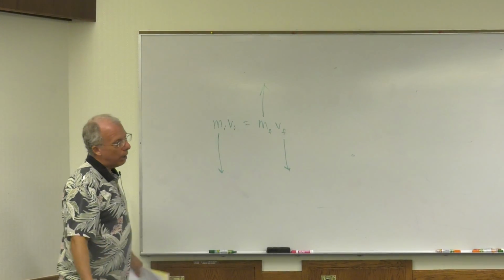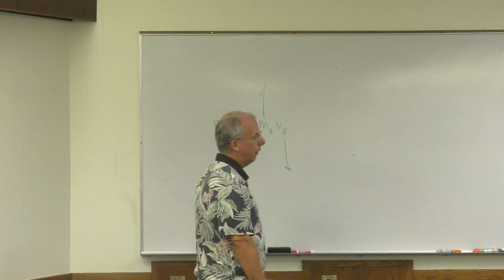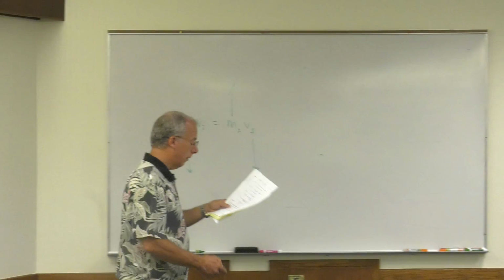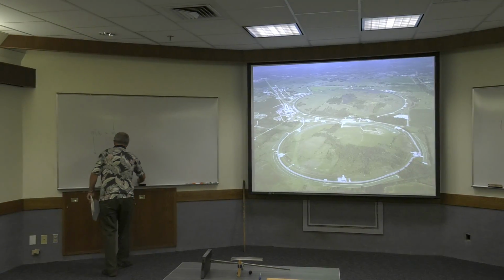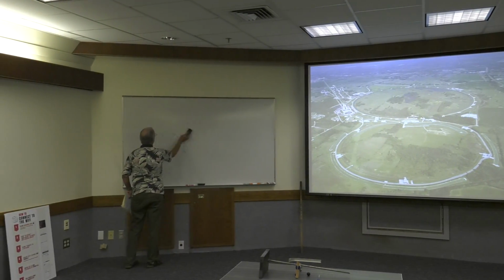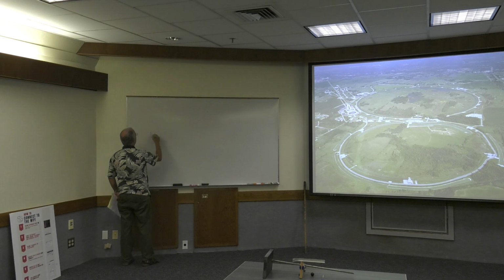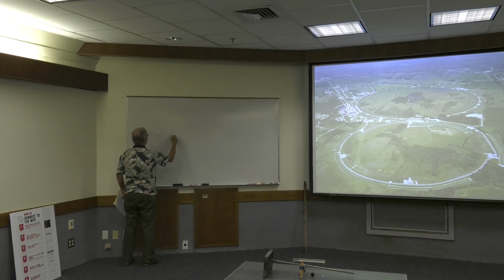Okay, so I used to do particle physics. I already told you that. And so let's have some examples from particle physics. Okay, so Fermilab, when it was first built, all of the experiments were called fixed target, which just means what it says.